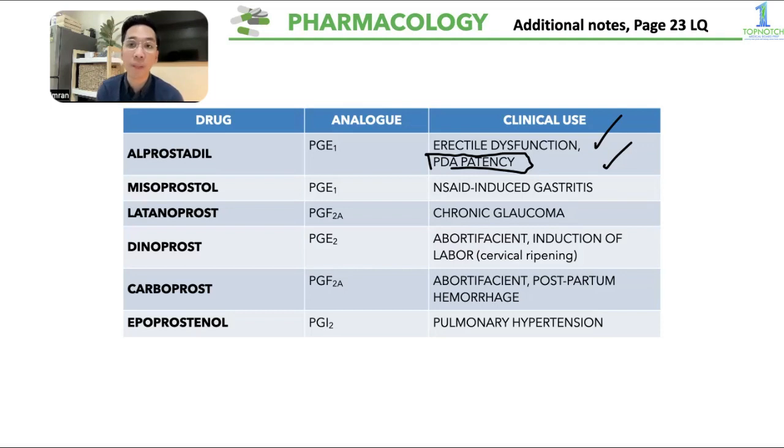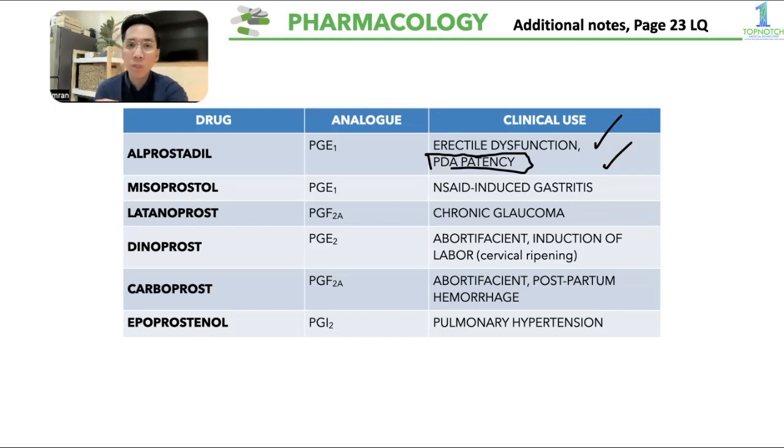Pero ano yung gagamitin mo pag gusto mo na siyang i-close? You give your indomethacin, yung mga NSAIDs natin. Because remember, your NSAIDs are antagonists of your prostaglandin. Alprostadil, analog siya ng PGE1. Hence, it causes the patency of your ductus arteriosus.